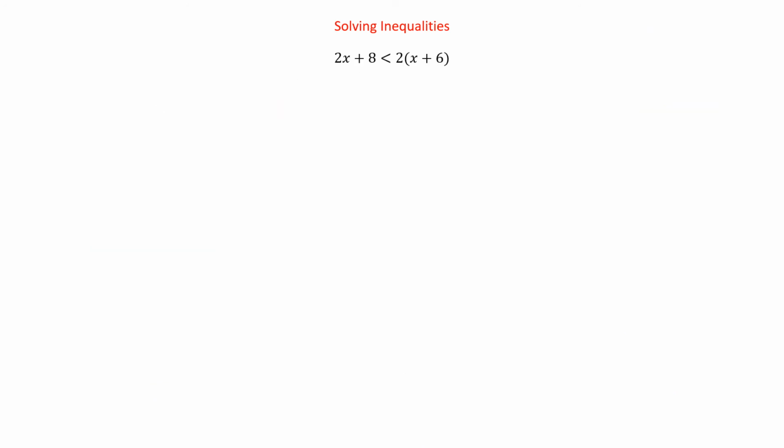Then one last thing, if we take a look at this one, we have 2x plus 8 is less than, then we can distribute, 2x plus 12, right, because that went there and there. We can subtract the 2x, subtract the 2x, so we get 8 is less than 12.